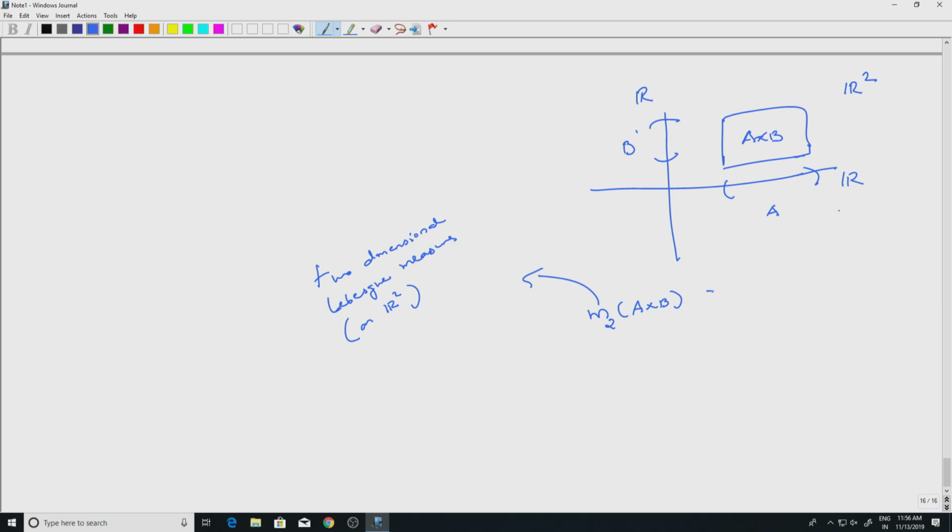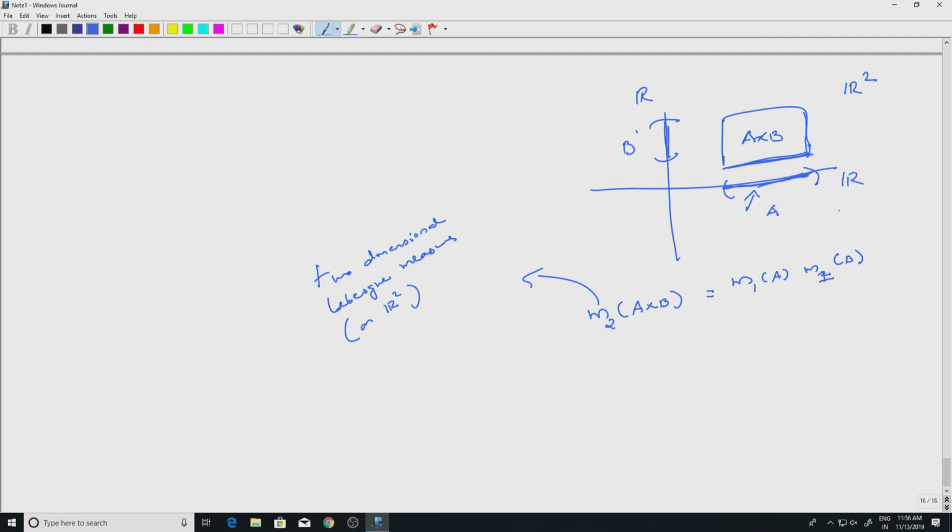So what is this? This is the area of A cross B, which is the length of the rectangle times the breadth of the rectangle. The length of the rectangle is the length of this open interval, the one-dimensional Lebesgue measure of A. So that is m1 of A times m1 of B, the length here.